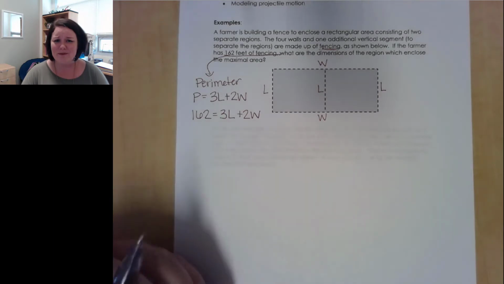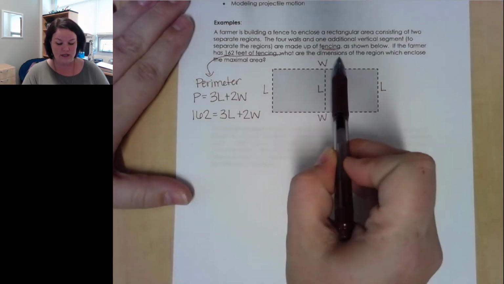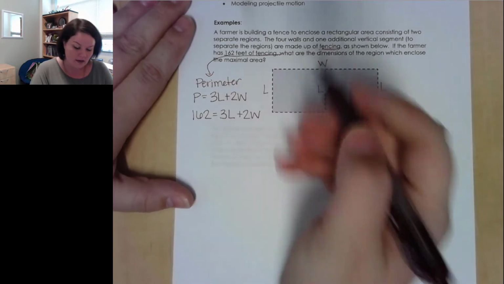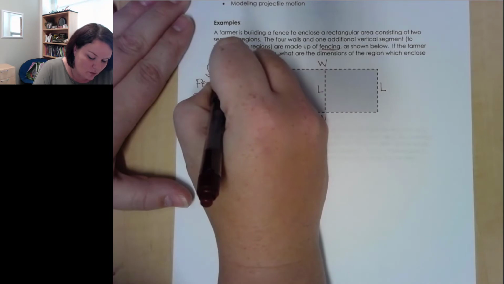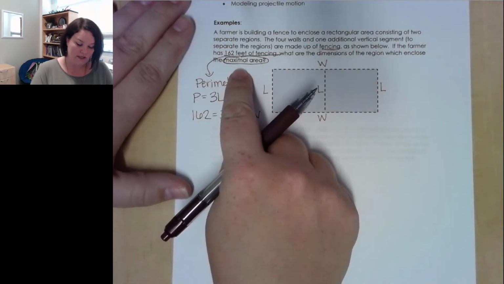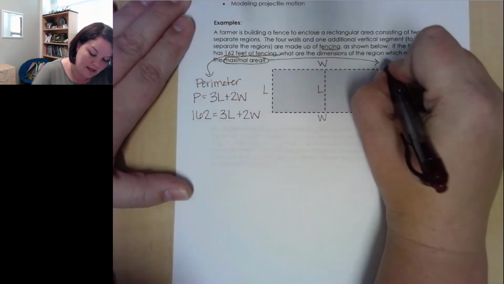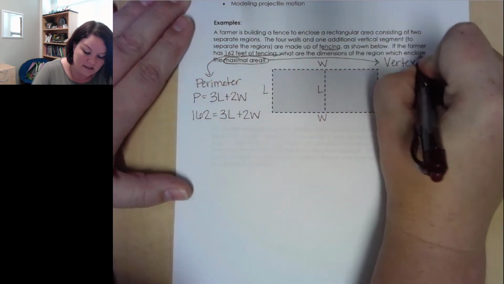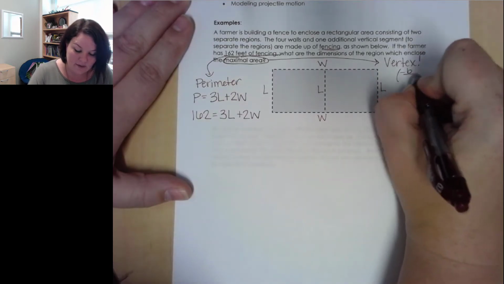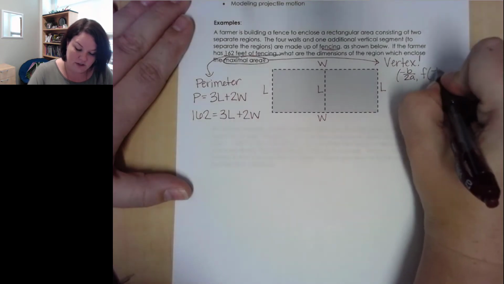But we have a little bit of a problem because what it's asking us for is what are the dimensions of the region which enclose a maximal area. So anytime you see the word maximal, you should be thinking vertex. So I'm going to come over here and just say this should make us think vertex. And vertex, remember, we calculate by doing negative b over 2a, and then we plug it back into our function.